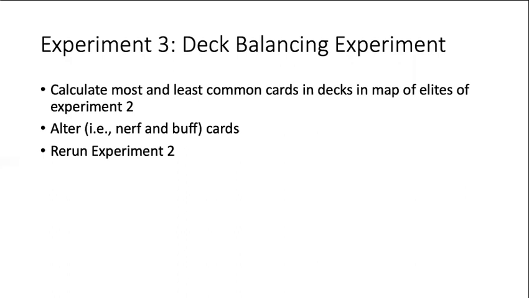And if you buff the card, you'd expect people to take advantage of it, and by people, I mean these deck building algorithms. You would expect that they could take advantage of the buff, and it would perform better and be used more.